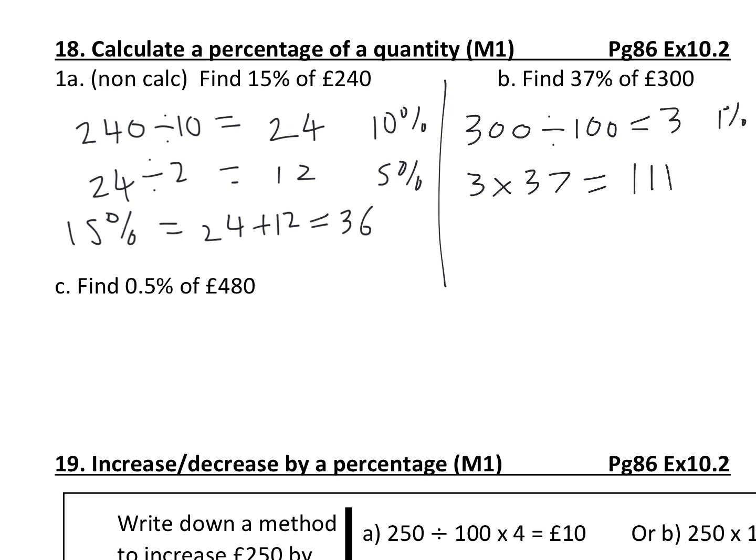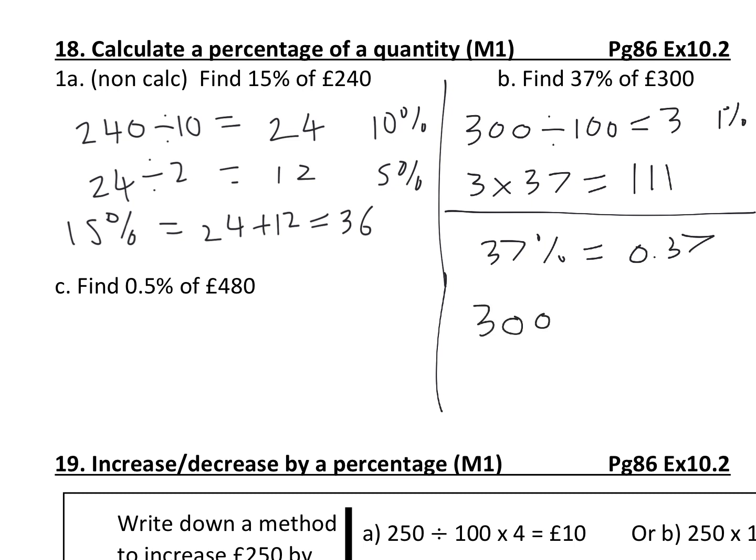Now I want to look at another method as well for this, which will be useful moving forward. So if instead we consider 37% as a decimal, 37% as a decimal is 0.37, and that's what's called a multiplier. If you multiply the quantity by the multiplier, that will work out 37%.